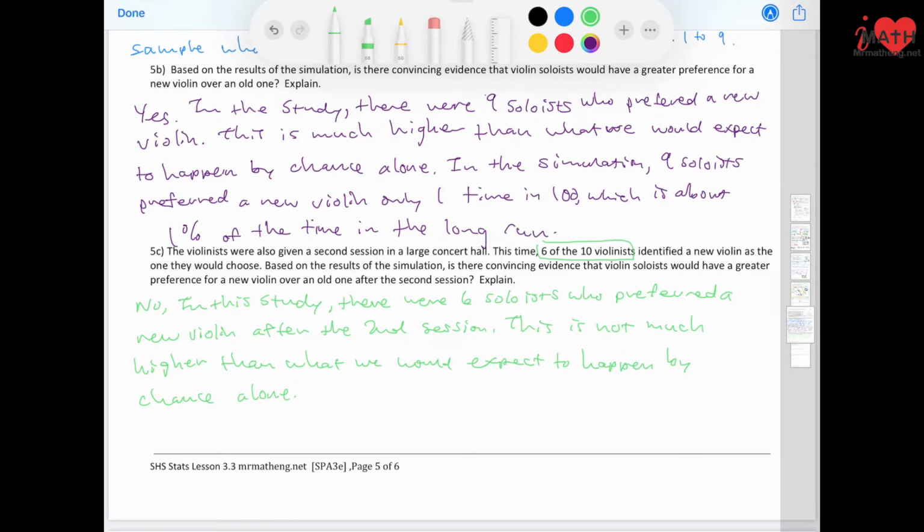In the simulation, so when we press play and the computer allows us to see it happen in the future, six or more soloists preferred a new violin how many times?